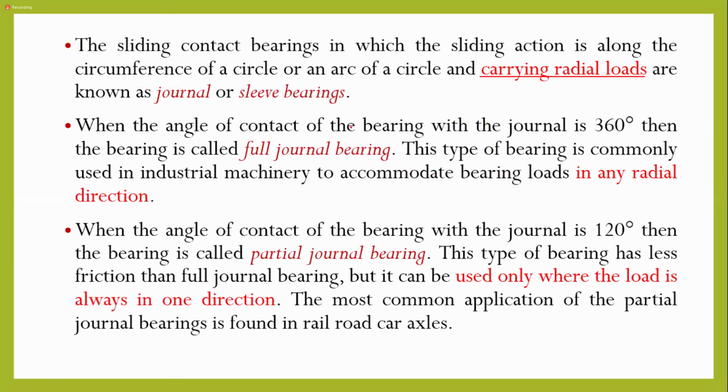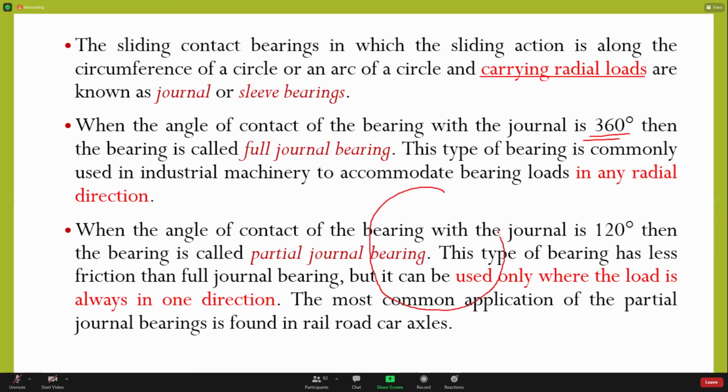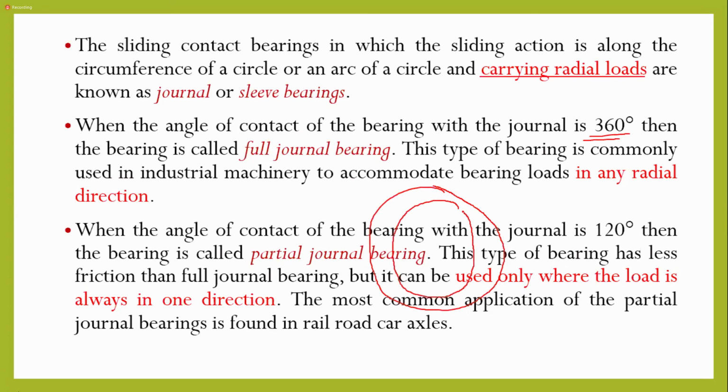When the angle of contact of the bearing with the journal is 360 degrees, let us suppose this is a shaft, and it is rotating on the circumference throughout the bearing, then that is 360 degrees.